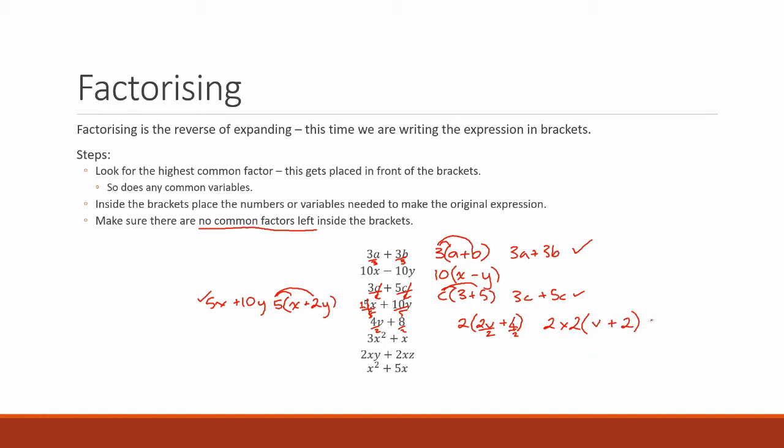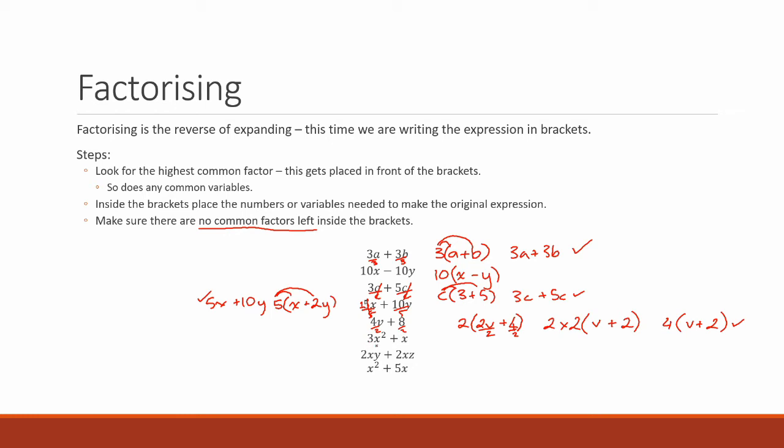Now 2 times 2, of course, is the same as saying 4 (v plus 2). And I've got no common factors left inside my bracket, so I've factorized fully. So you can get to that fully factorized form if you're unsure of a highest common factor by continuing to divide out numbers. However, it's of course easiest if you know that highest common factor here is going to be 4 to skip straight to using that 4.